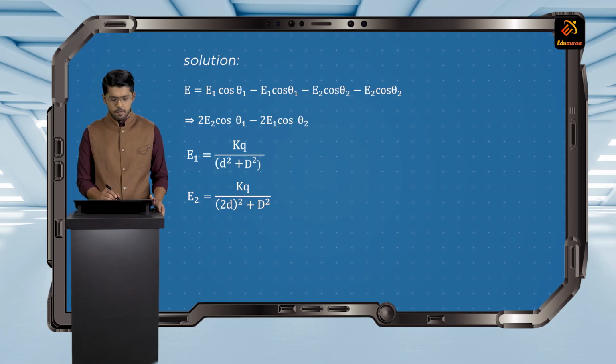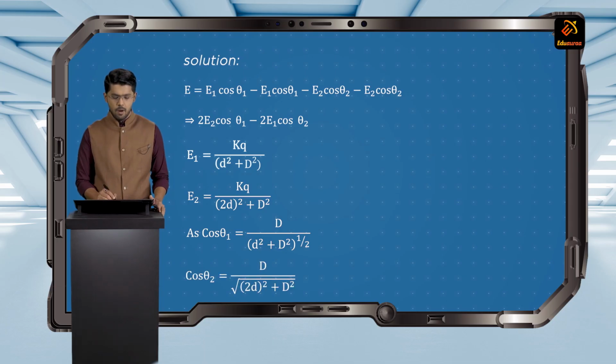If you look at the figure in this case, then you can clearly see that cos theta 1 will be equal to capital D upon d square plus capital D square to the power half, from the Pythagoras theorem. And similarly, cos theta 2 will be equal to capital D upon under root 2d whole square plus capital D square.